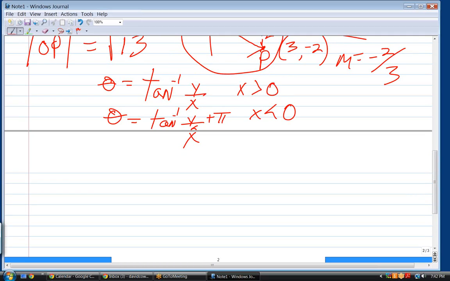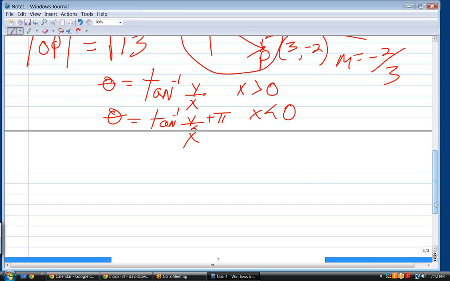In other words, you haven't dealt with this ever before, where we have to add pi not if y over x is negative, but if x is negative. Not the y over x, but just the x. And then that angle, you have to add a pi to it. It doesn't matter what y is. If x is negative, then you add pi to that angle.